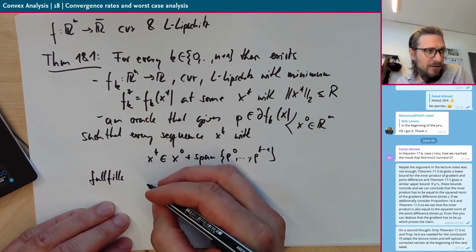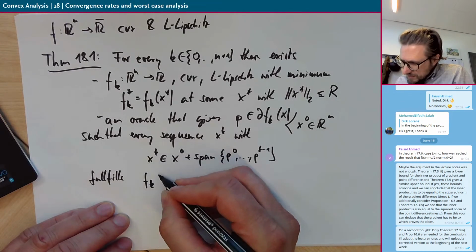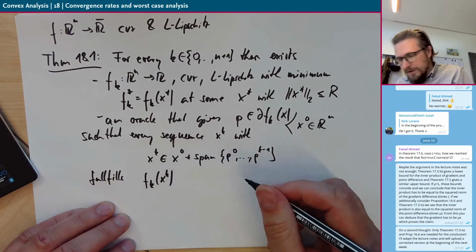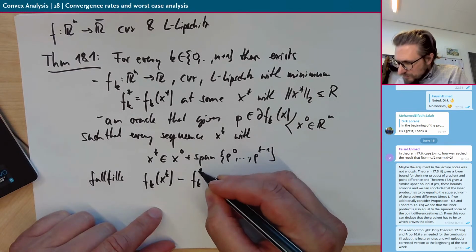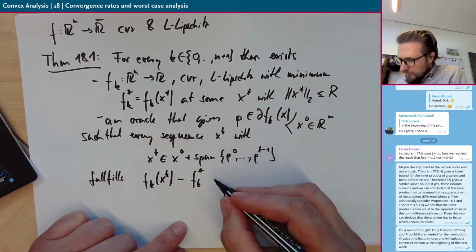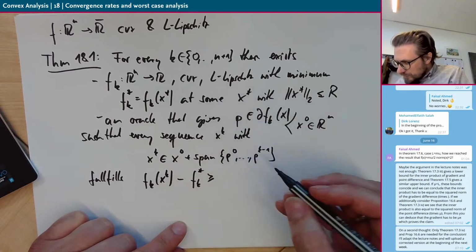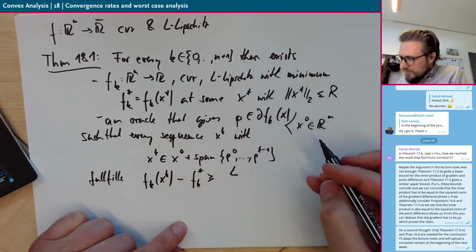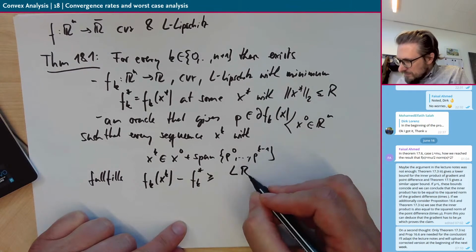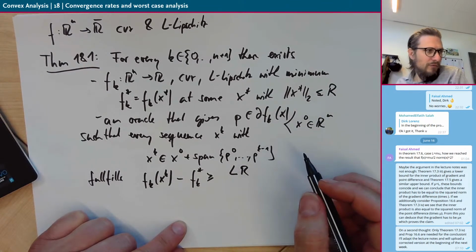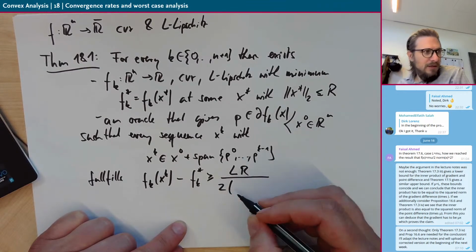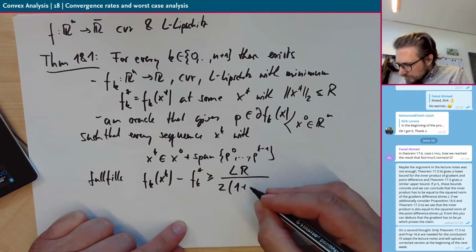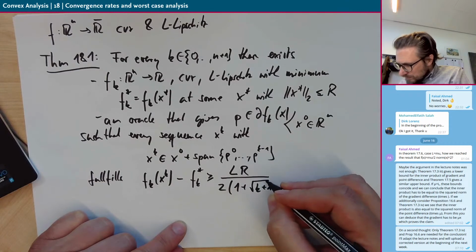the inequality that the function value at the kth iteration, its distance to the optimal one which we would like to have, is bounded from below by some constant. L is the Lipschitz constant of the function, R is the upper bound on the norm of the minimizer, and we divide this by 2 times 1 plus square root of k plus 1.